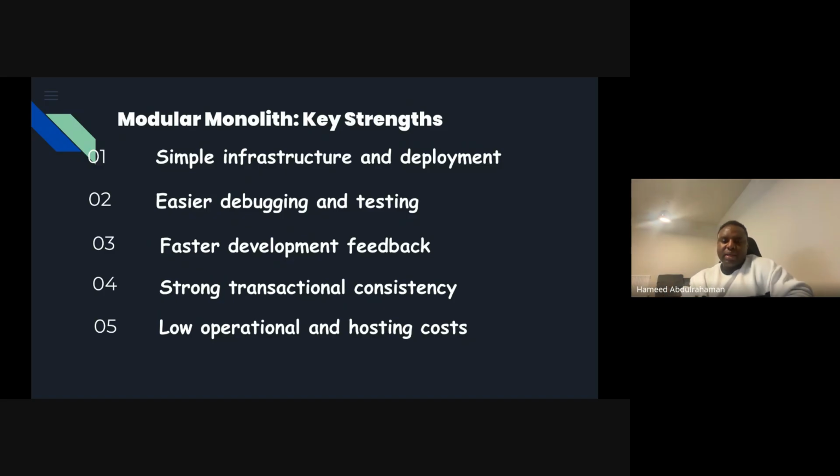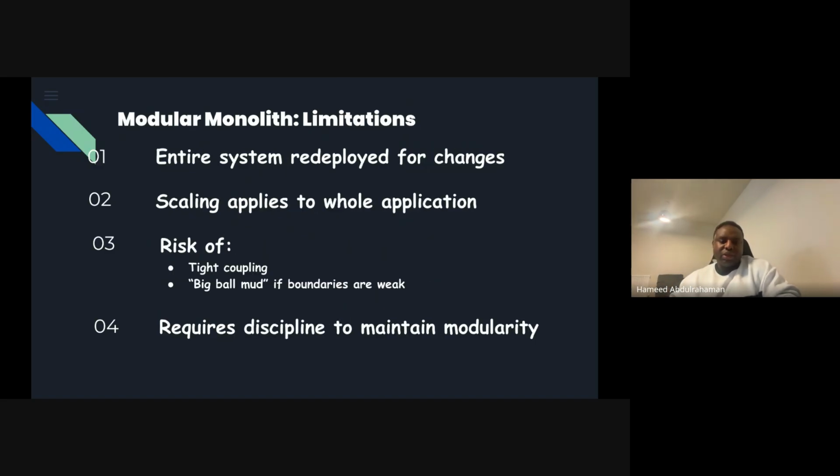So yeah, let's move further to its limitations. Like I said, the entire system is developed as a singular unit. So if there is a feature change, like you're adding a new feature, or removing a feature, or doing something regarding the entire application, that means it has to be redeployed again.